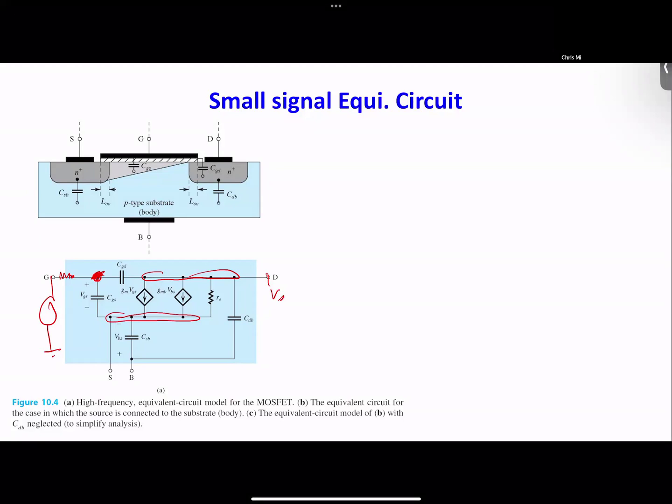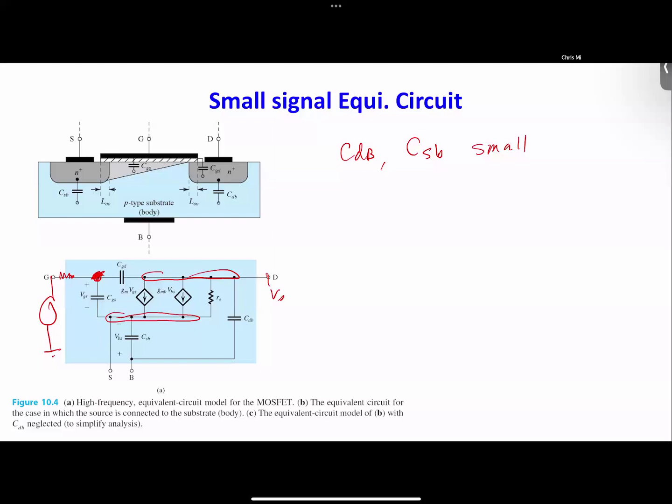consideration of that circuit. So in order to do that, we found that CDB and CSB are relatively small. Relatively small means 1 over omega C is infinity.